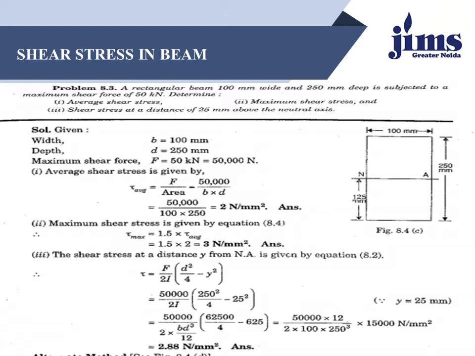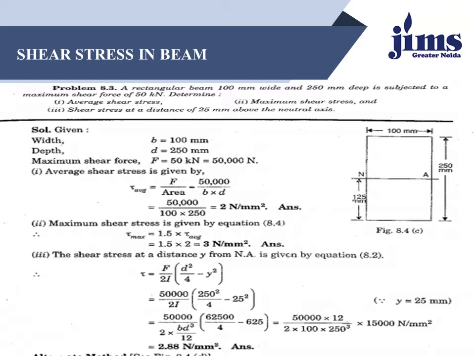The third question is shear stress at a distance of 25 millimeter above the neutral axis. So we know that the shear stress at any fiber, or we can say the shear stress at any distance of y from the neutral axis, is given by the equation 8.2. So tau is equal to F upon 2I multiplied by B square divided by 4 minus y square.